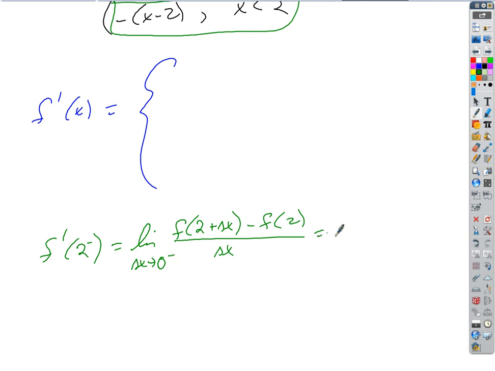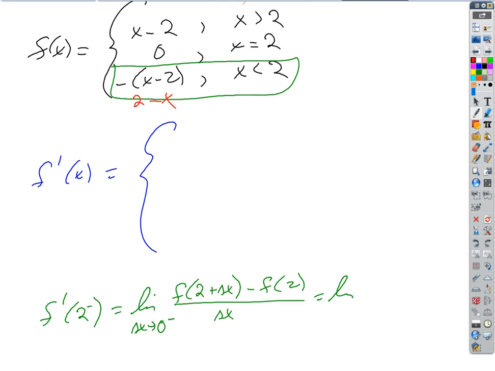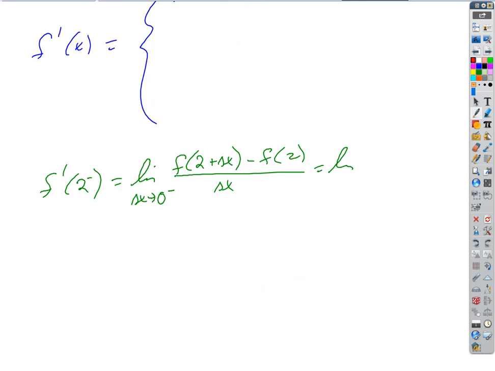Okay, what's that look like? The limit of, well, my function to the left is just negative, let's rewrite that. Let's just call that 2 minus x. Make it a little easier to write. Okay? So we got the limit of 2 minus x, and I'm plugging in 2, right? Hang on. I got 2 minus this, right?